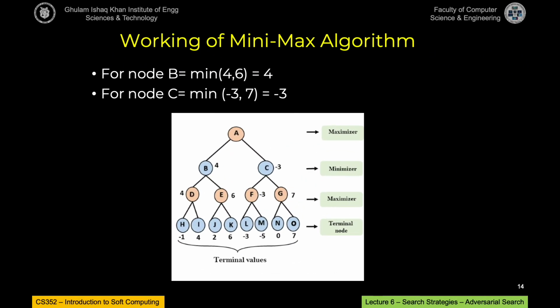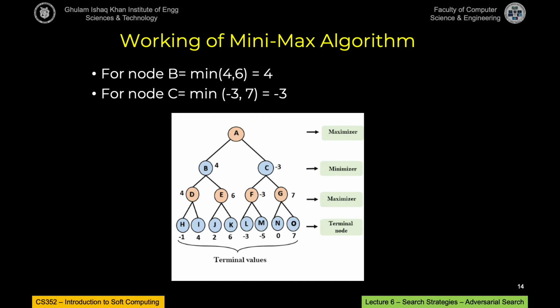In the next step, it's the turn of the minimizer. So now it will compare all node values with plus infinity, and then we'll find the value for the third layer nodes.